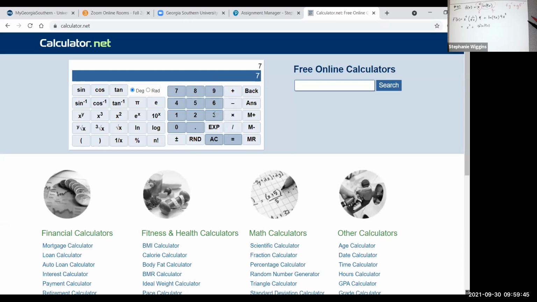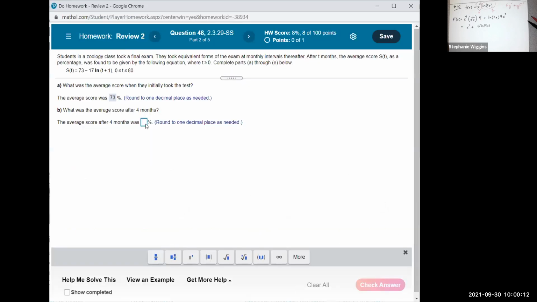So 73 minus 17 times the natural log of 5. And it said to round it to one decimal place, so it's going to be 45.6%. Let's see here. Going back to what did I say? 45.6. I think that's what I said.